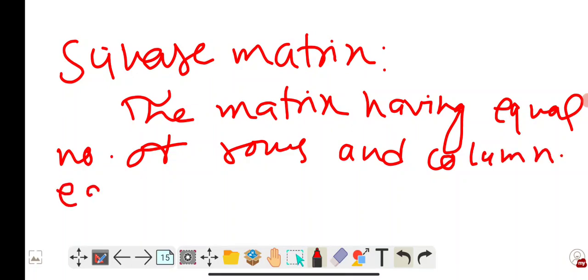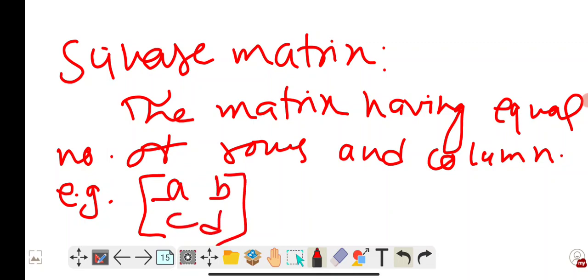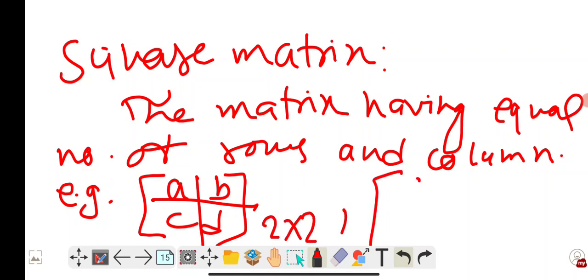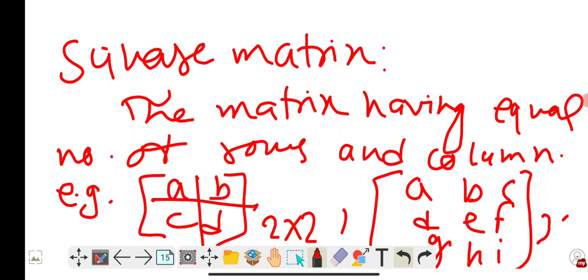For example, A B, C D. Here rows are 2, columns are 2, so it is a square matrix of order 2 by 2. For 3 by 3, A B C, D E F, G H I, this is a 3 by 3 square matrix.